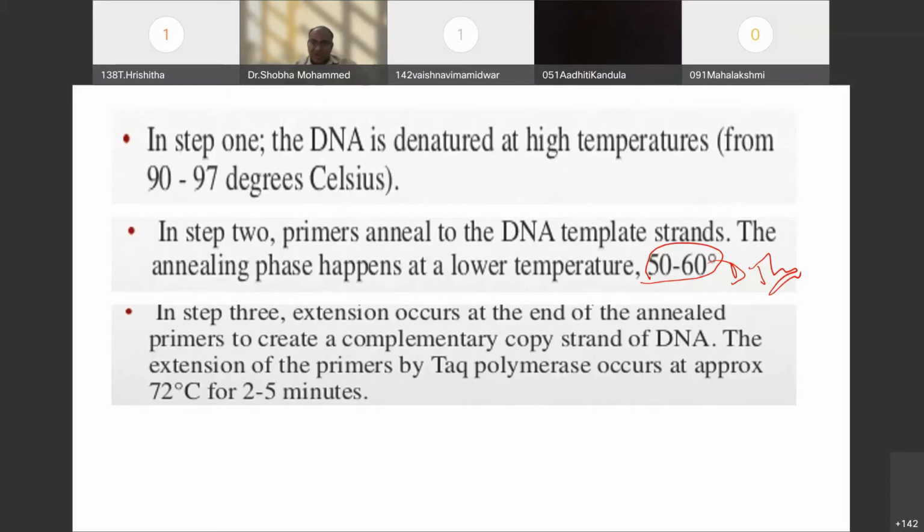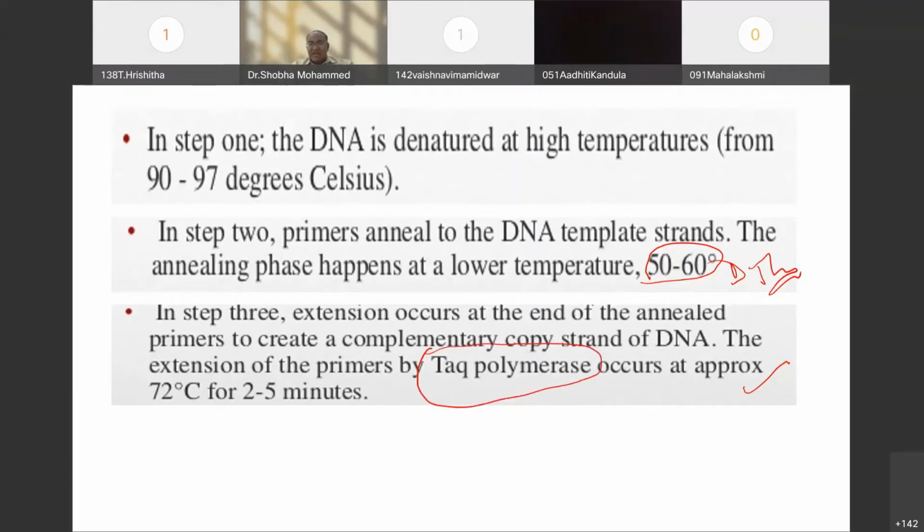In step 3, which is a very important point, the extension occurs at the end of the annealed primers. It means that the primers get attached, and then extension of the primer occurs with the help of an enzyme we call Taq polymerase.